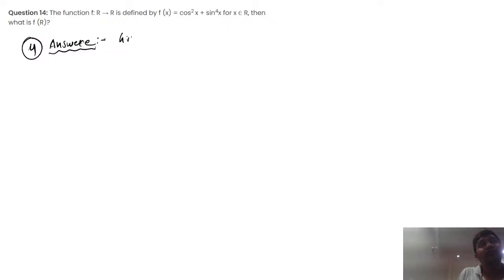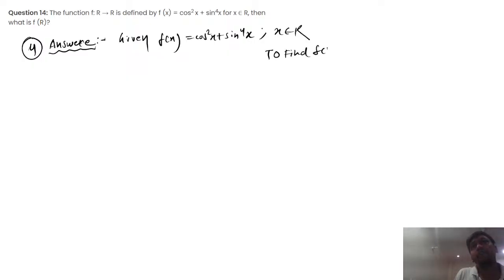Given f(x) equals square root of x sin 4x, where x belongs to R, and we have to find f(R). Okay, where R is what? It is the set of real numbers.